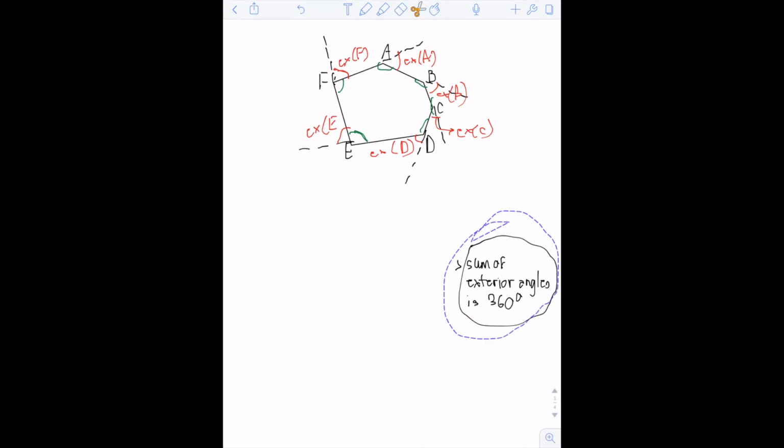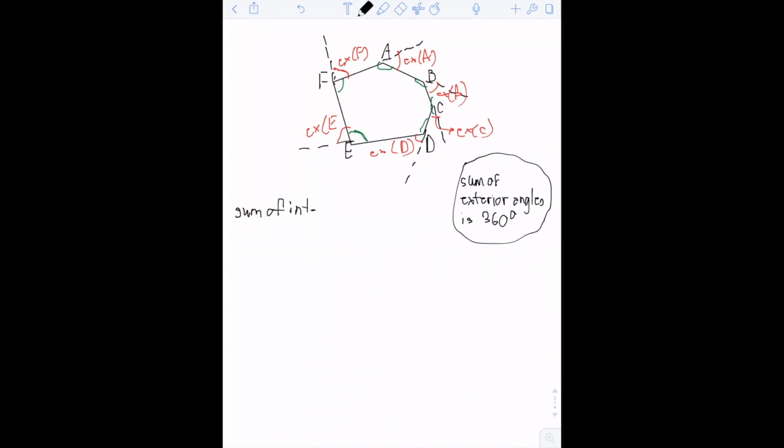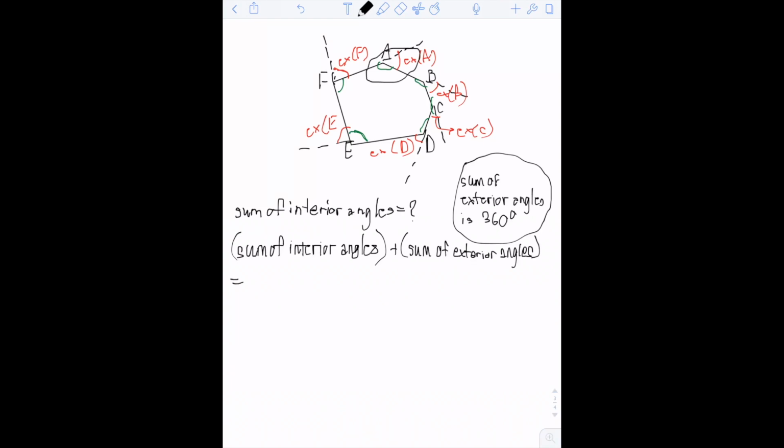So let's say now we want to find the sum of the interior angles. The sum of the interior angles plus the sum of the exterior angles is also the sum of these 180 degrees for each of these vertices. So if we say there are n sides, then this is equal to 180 times n degrees.